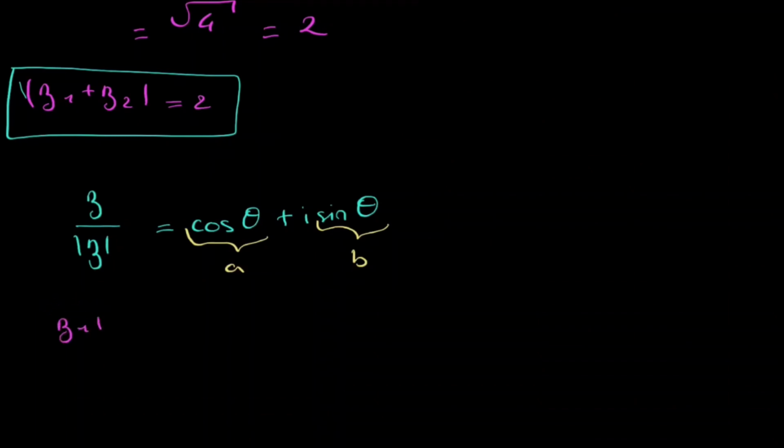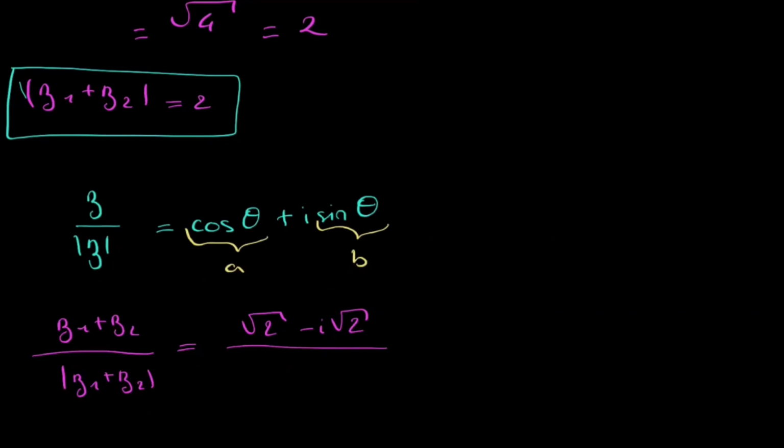Here, z1 plus z2 over the modulus of z1 plus z2 is root 2 minus i root 2 over 2.